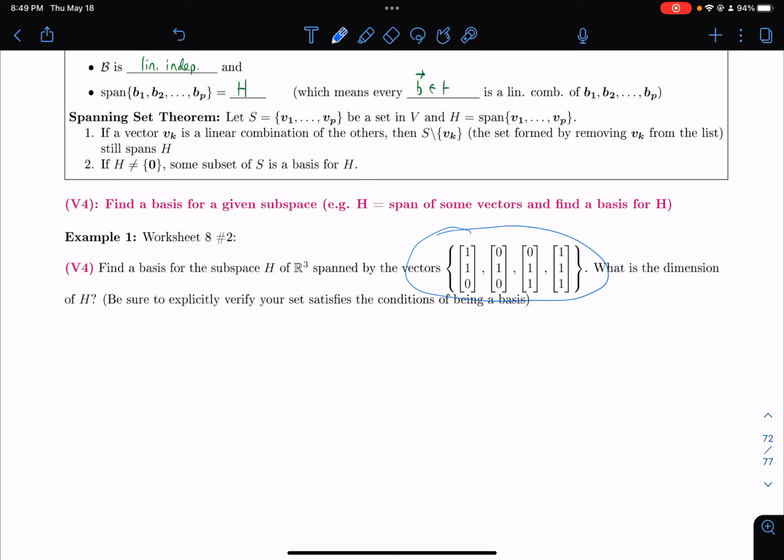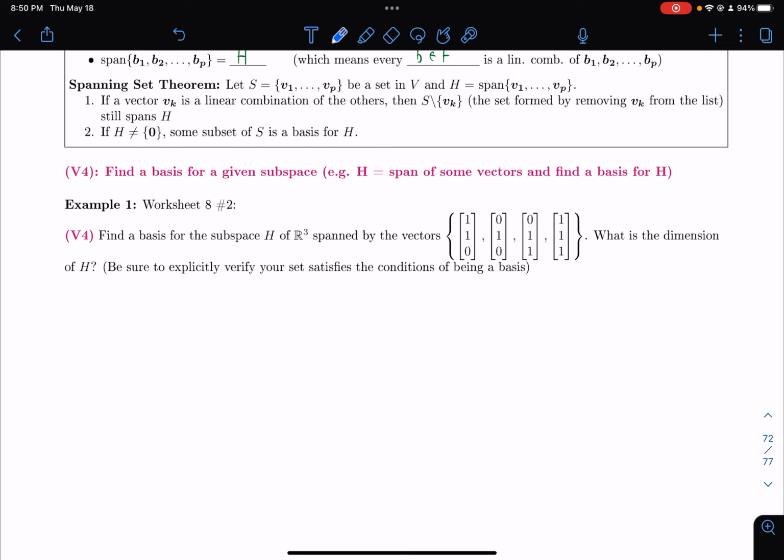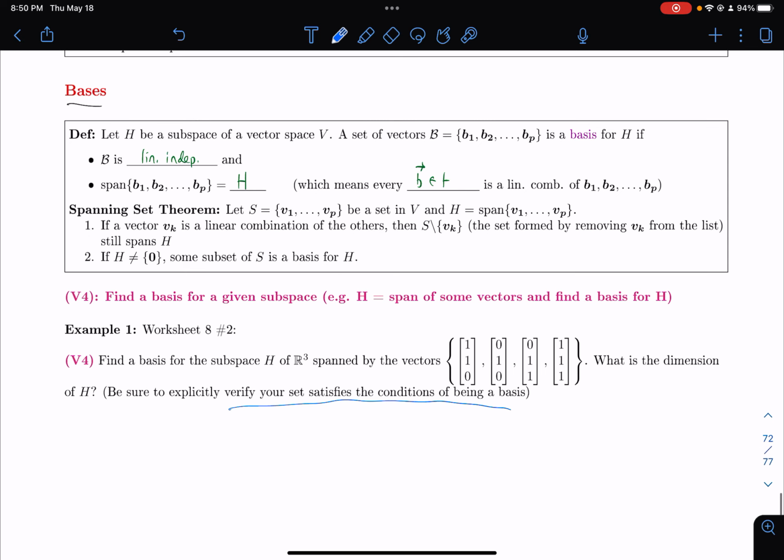If I take the span of those four vectors, that's some subspace, and I want to find a basis for that. Then it asks, what is the dimension of H? It says to be sure to explicitly verify that your set satisfies the conditions of being a basis. So we will have to verify that it's linearly independent and that the span is still the whole subspace.